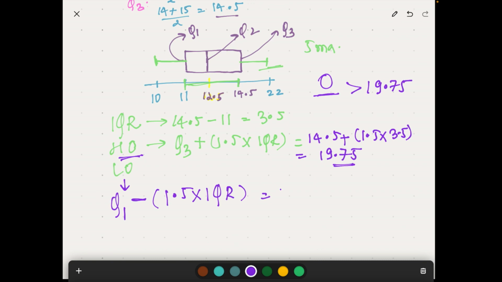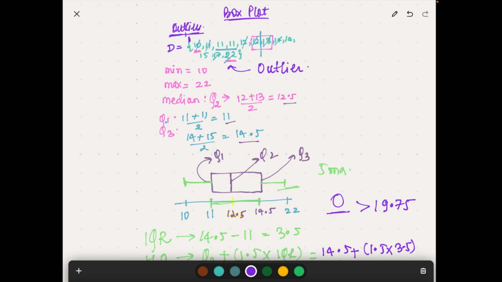So that is 11 minus 1.5 into 3.5. This gives you 11 minus 5.25, which is 5.75. Now this value means that if in your data set you had, here we don't, but suppose we had a 1, then 1 would become an outlier because it is less than 5.75.